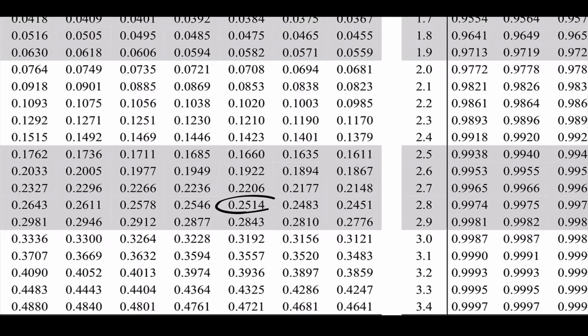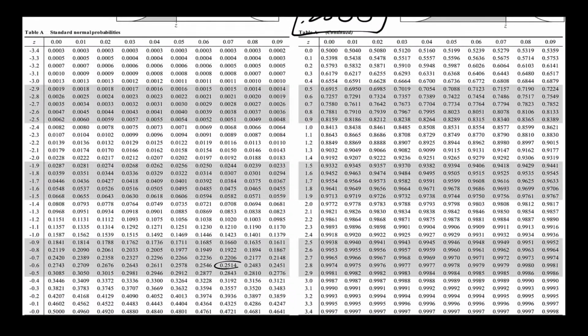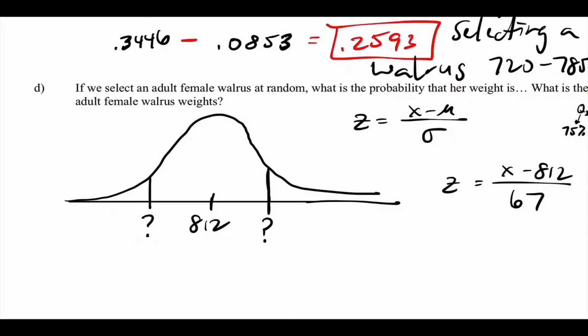Each of those guys goes with a specific z-score. So what z-score goes with that guy? Let's look. Go up, go out, right there. Negative 0.67.